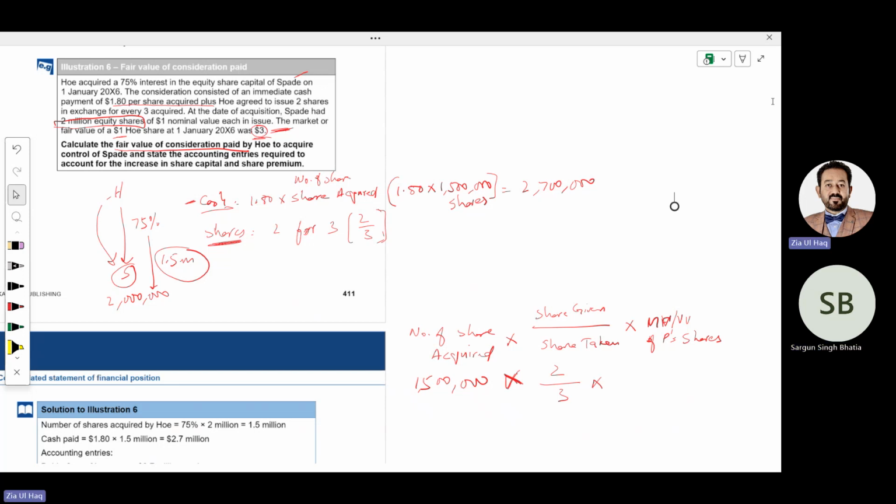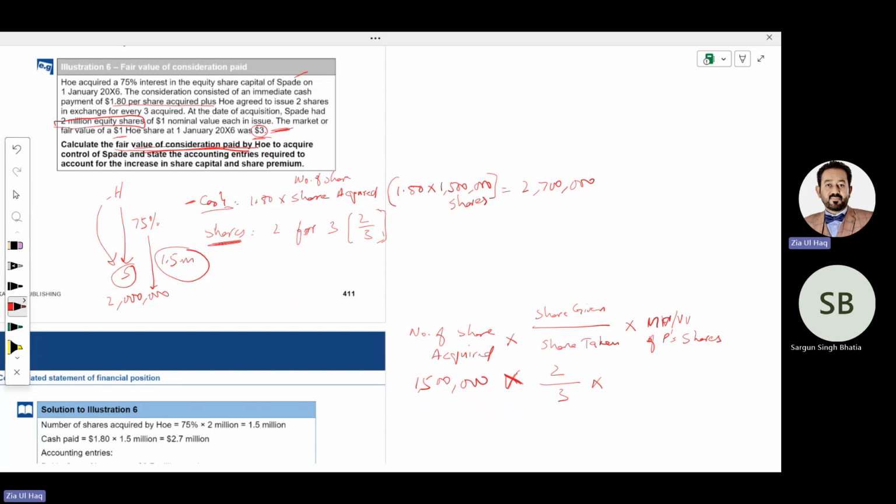So we need to calculate the fair value of consideration paid, meaning how much we have paid, either in cash or in share form. H acquired 75% interest in S on 1st January.